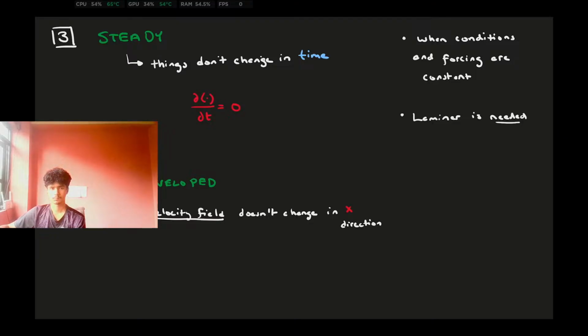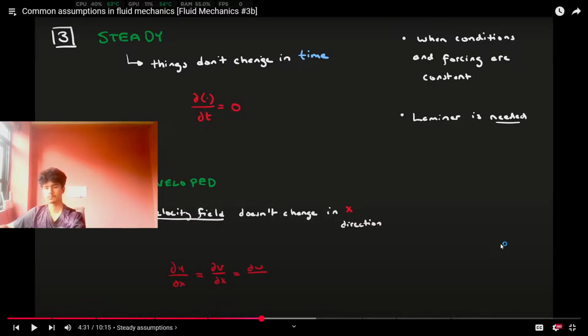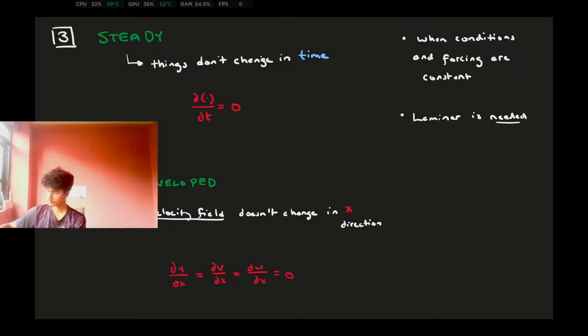This assumption only applies to the velocity field, so derivatives of velocity with respect to x are zero.